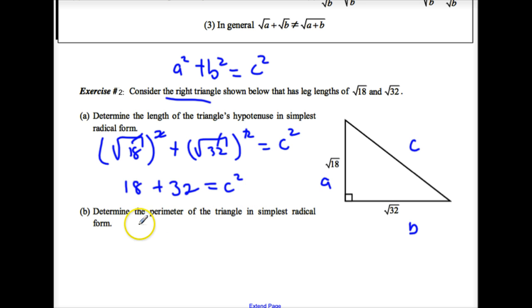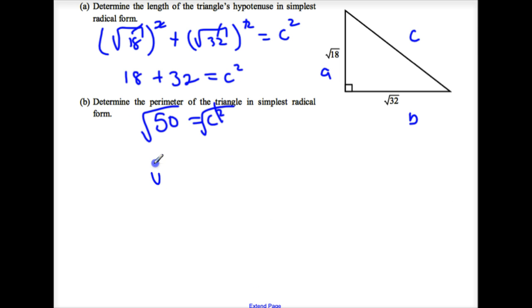And 18 plus 32 is 50, which is equal to c squared. To get rid of the square, I take the square root of both sides. This cancels. And I know that square root of 50 is equal to c.